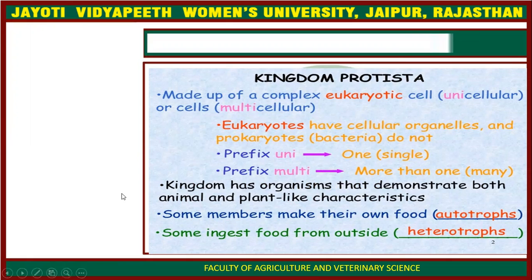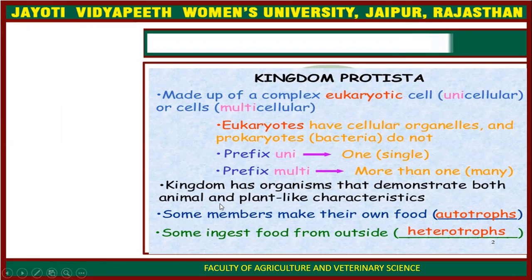The prefix uni means one and multi means more than one cell. Kingdom Protista has organisms that demonstrate both animal-like and plant-like characteristics. Some of the species are similar to animals, and some of the species of Protista are similar to plants.